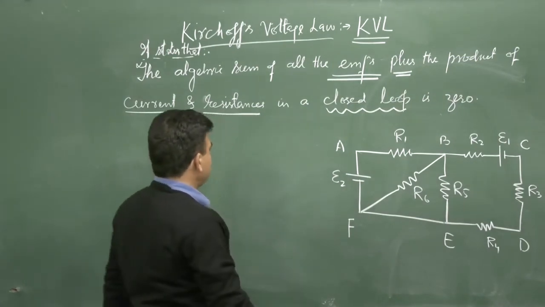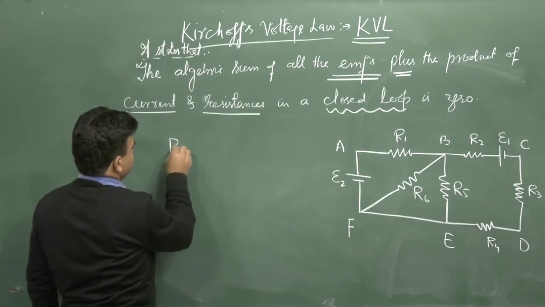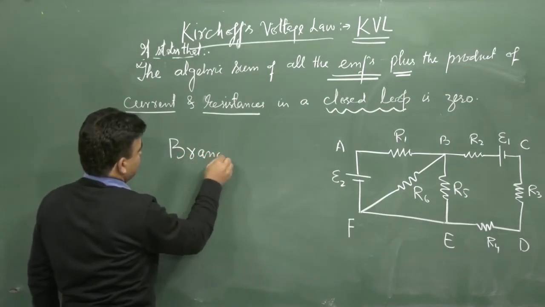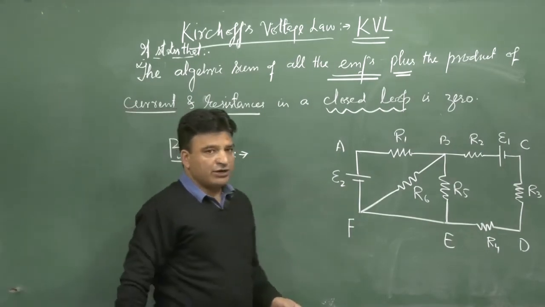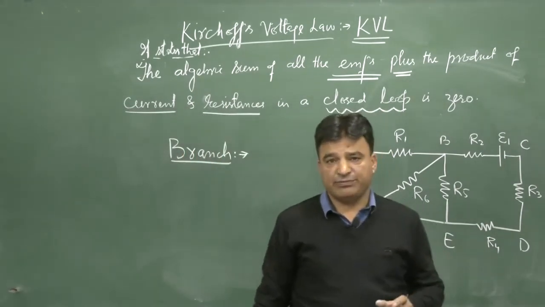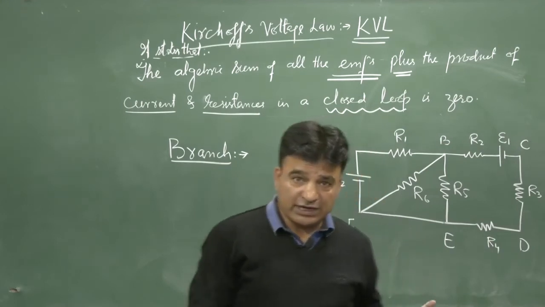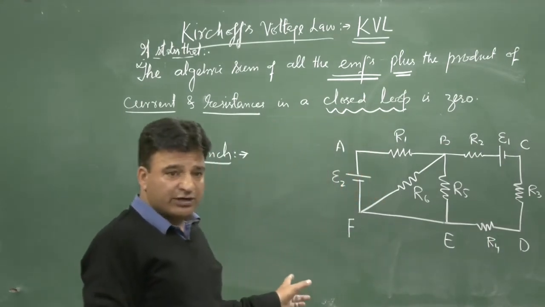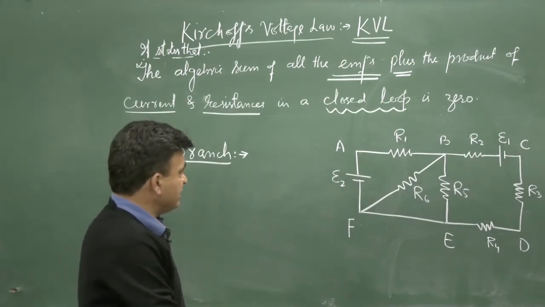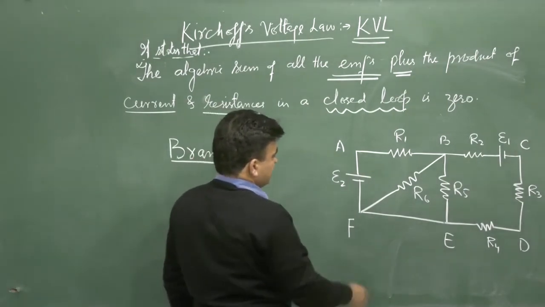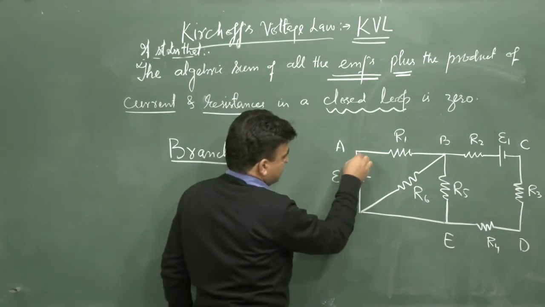First of all, let us see what a branch is. A branch is that part of the circuit where current remains the same. Branch of an electrical circuit is that part where current remains the same. So in this circuit, let us suppose that current flows here like this.